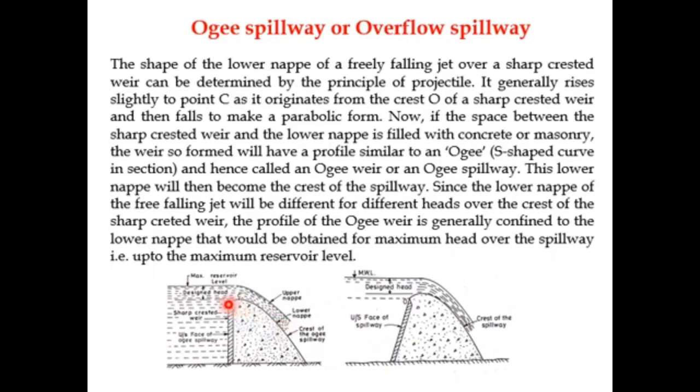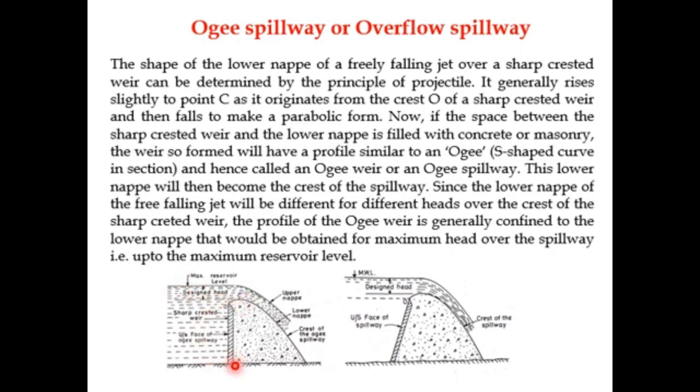This is known as the lower nappe, this is the upper nappe, and this is the maximum reservoir level. The difference between the maximum reservoir level and the crest is the head.